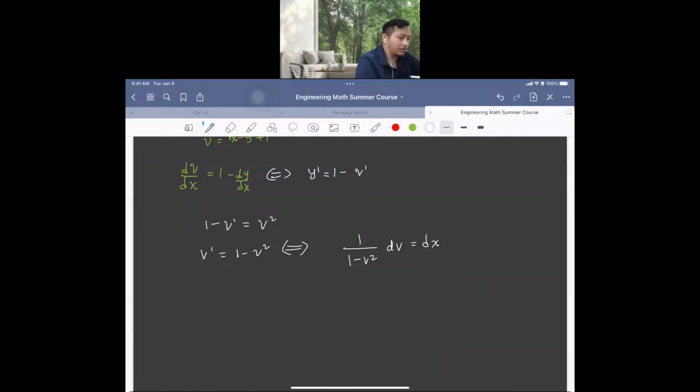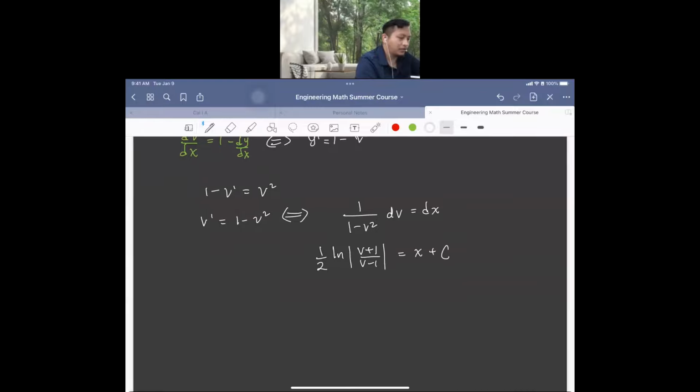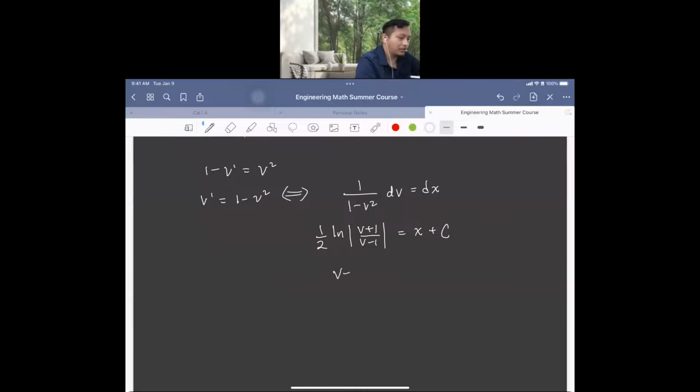The solution becomes, we take the integrations for both of these. We can take half ln of (v plus 1)/(v minus 1) equals x plus c, and we can eliminate the ln, so (v plus 1)/(v minus 1) becomes e to the 2x plus 2c.